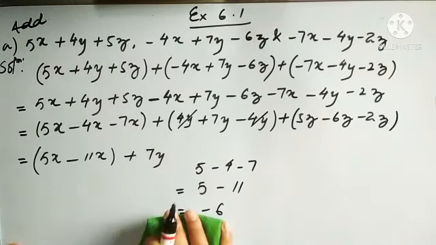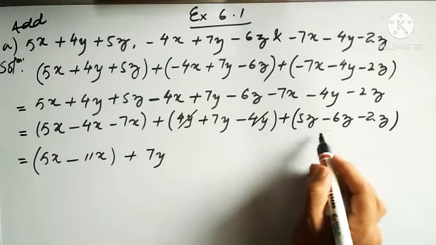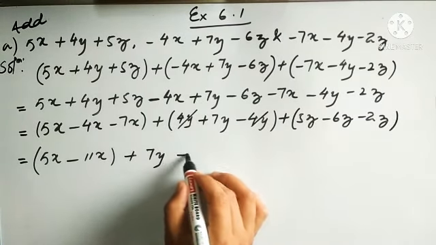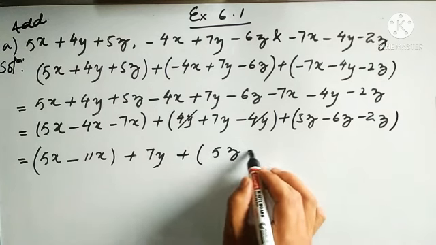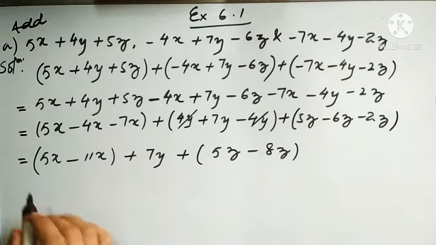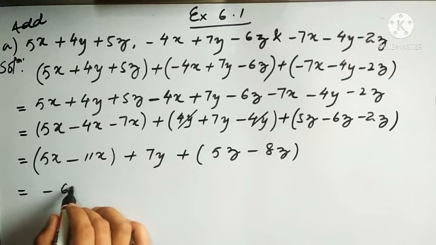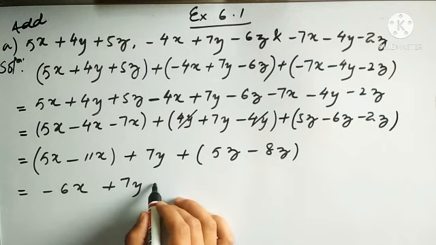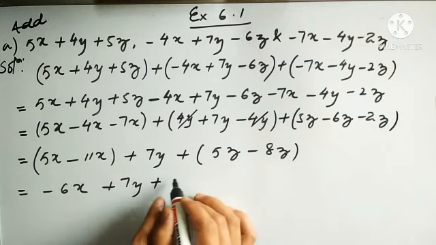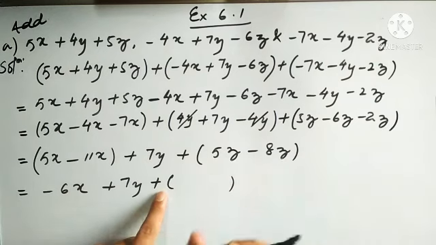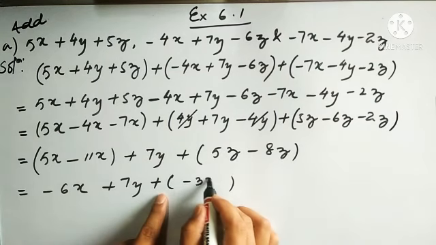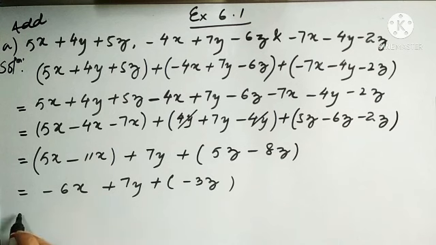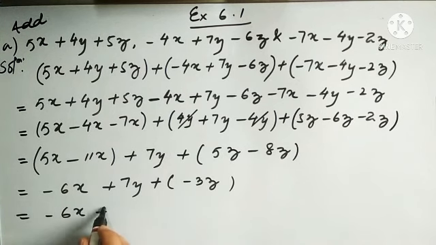And what about the last one? I find one positive term and two negative terms, so plus 5z minus 8z. And then we'll get minus 6x plus 7y, and then this is plus actually. From inside the bracket, you'll be getting minus thrice z. Then minus 6x plus 7y, plus into minus, minus, then thrice z.